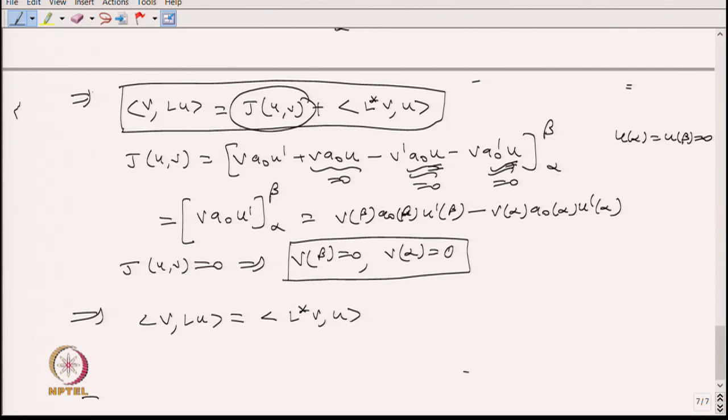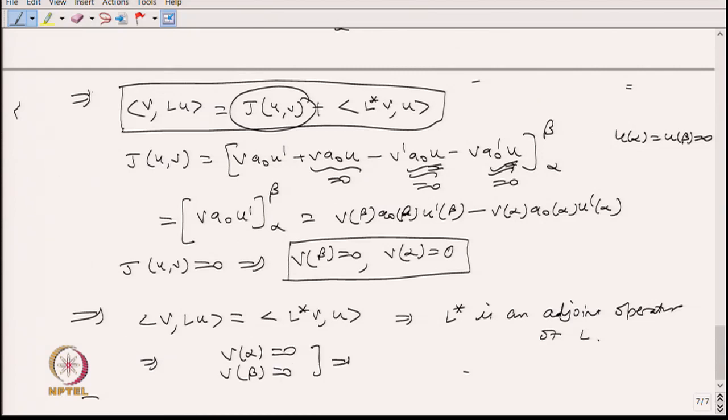So, by the method of inner product, from here I can say that L star is an adjoint operator of L. And then I also have v alpha equal to 0 and v beta equal to 0.